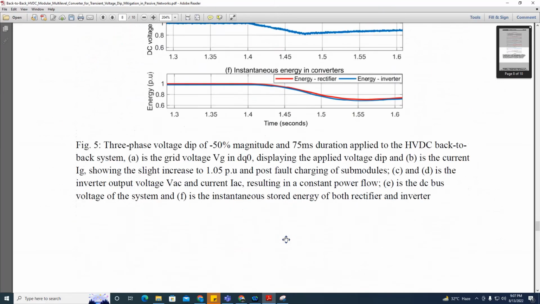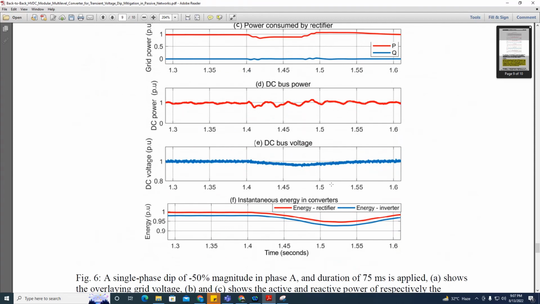One thing I want to show you: due to the unbalanced grid dip, there comes a fundamental frequency harmonic in this DC bus voltage, which we can see here.